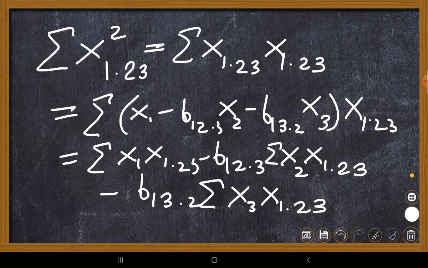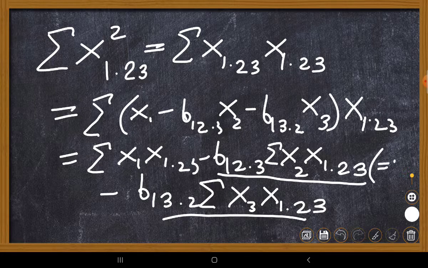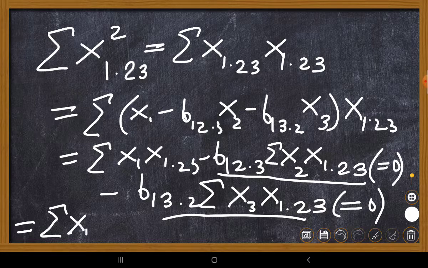Here you can see that the second term and the third term will vanish, they will be equal to 0, using property number 1. Eventually you will be left only with the first term, summation x1 x1.23. Okay, so this is property number 2.